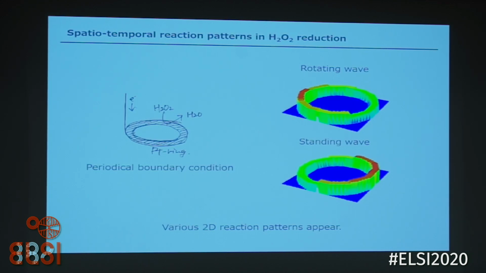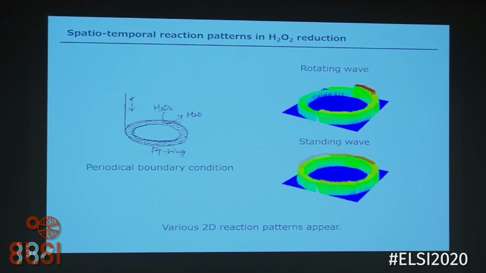This kind of temporal rhythm can lead to dynamic two-dimensional patterns. For these examples, we use a ring-shaped electrode.